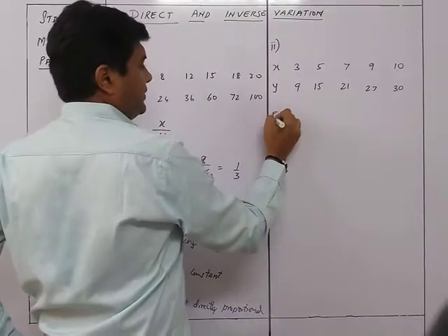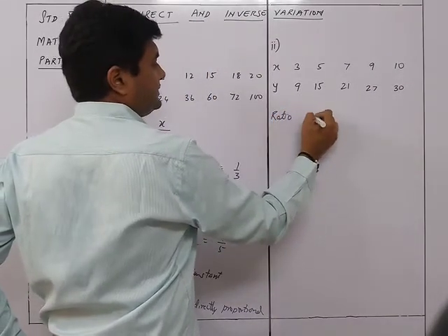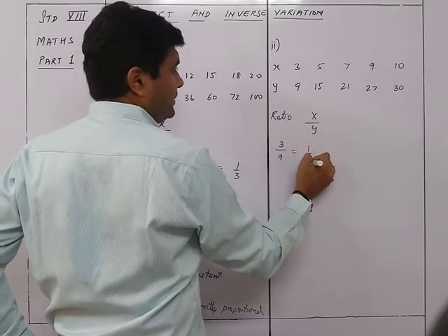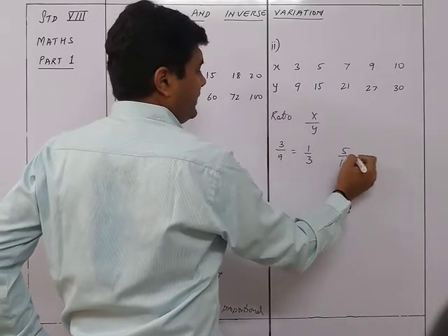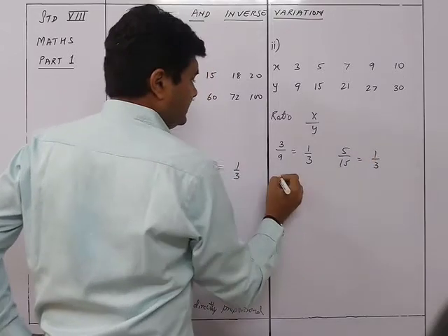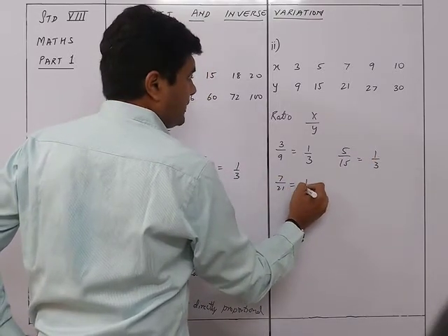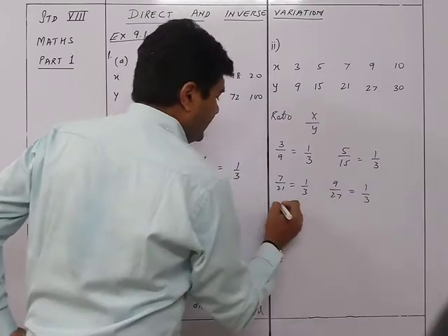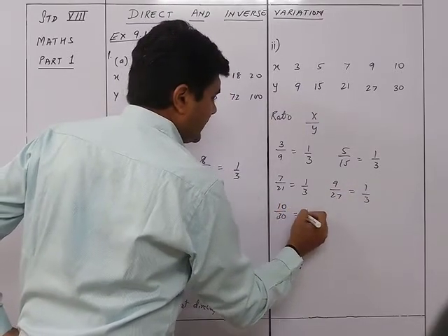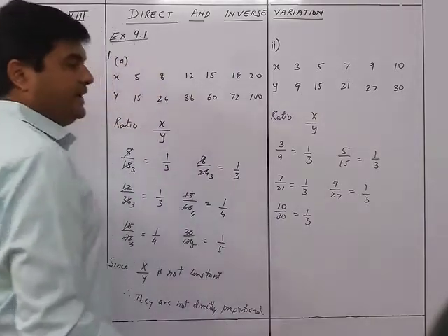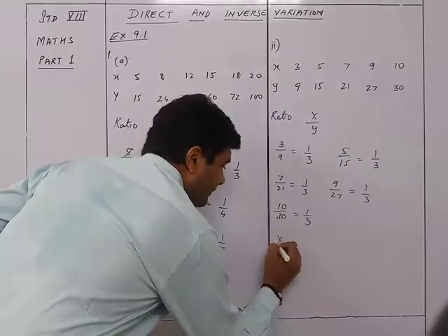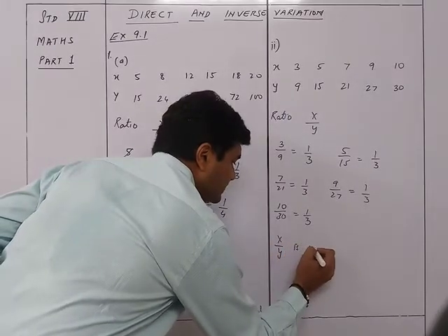The ratio x upon y is 3 upon 9 is 1 upon 3, 5 upon 15 is 1 upon 3, 7 upon 21 is 1 upon 3, 9 upon 27 is 1 upon 3, and 10 upon 30 is 1 upon 3. You can see that since all of them are 1 upon 3, x upon y is constant.